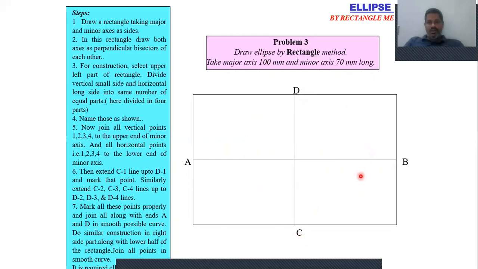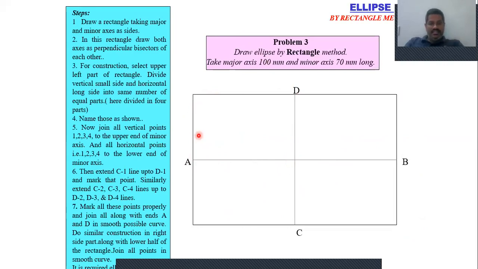So these two are perpendicular bisectors, and complete a rectangle like this. Consider the upper left portion of the rectangle, then divide the height of this upper left portion of the rectangle into equal number of divisions.